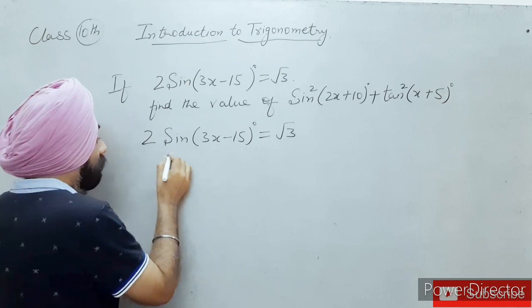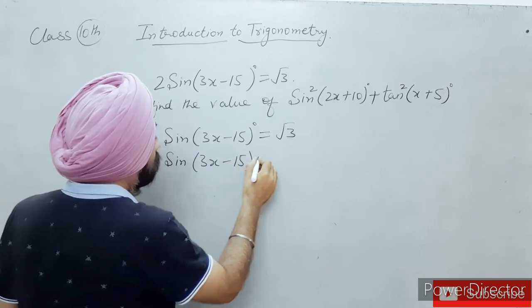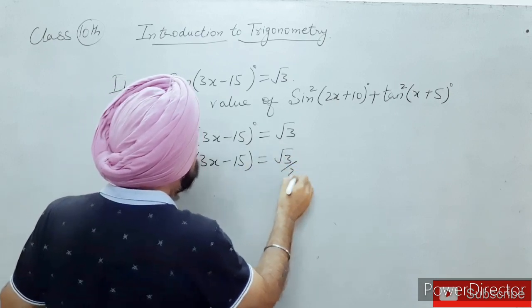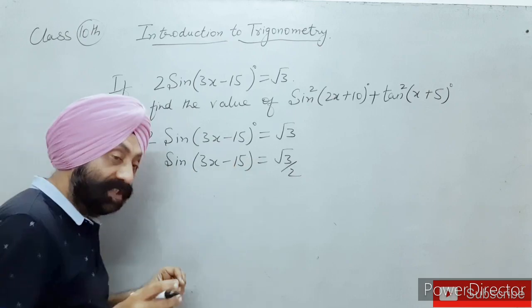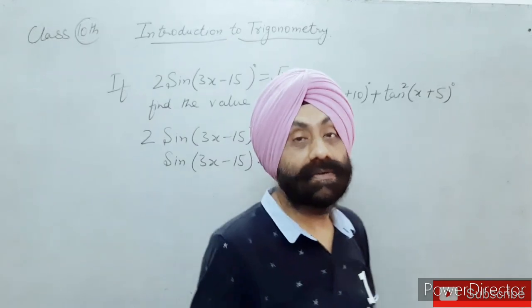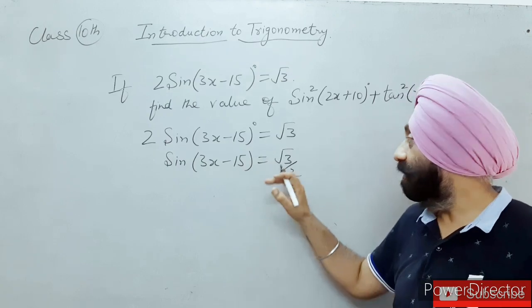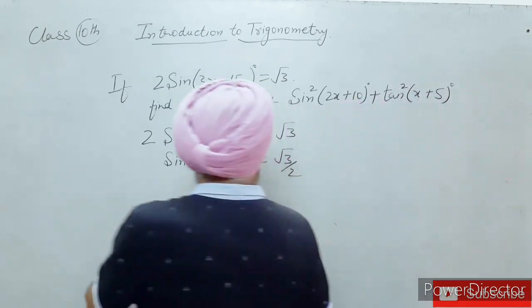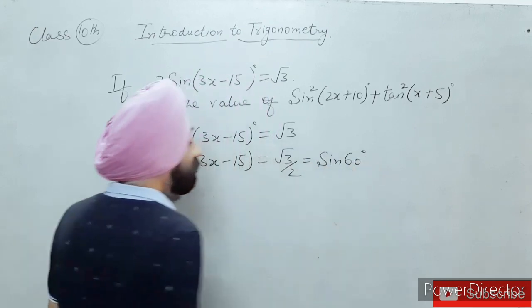Now, can I write this as sine of 3x minus 15 equals under root 3 by 2? I have taken this 2 to this side. Now, sine of which angle has the value under root 3 by 2? This is sine of 60 degrees.